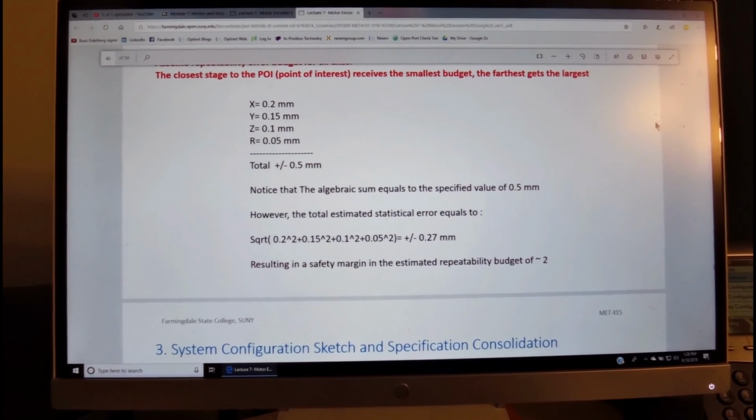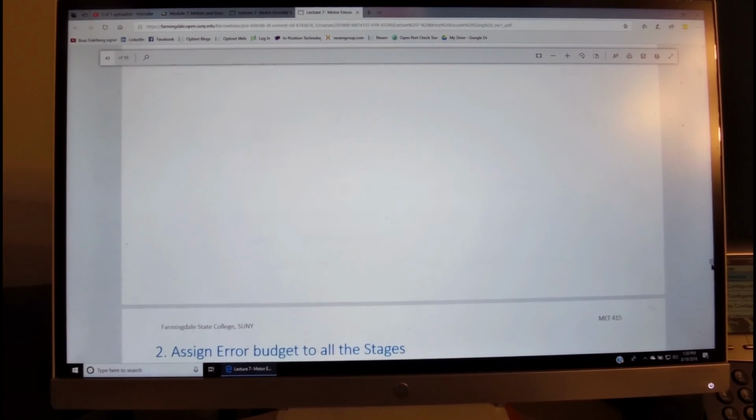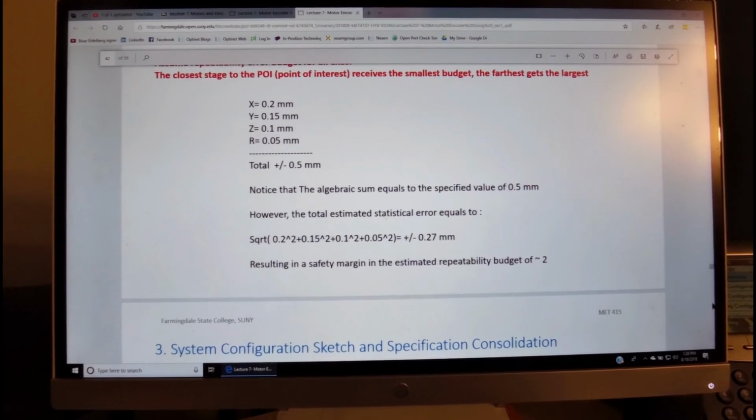Now, with that given to us, we could start by looking at the allocation of the allowable repeatability to the various sources.